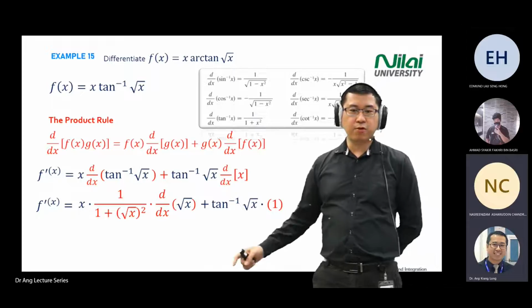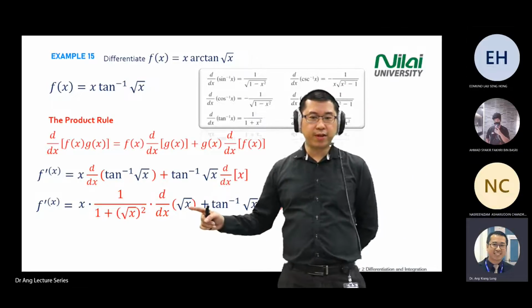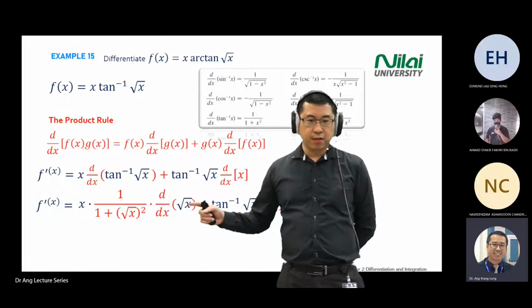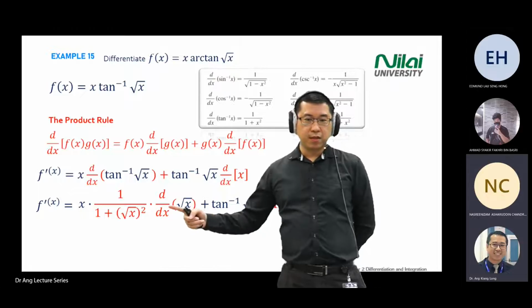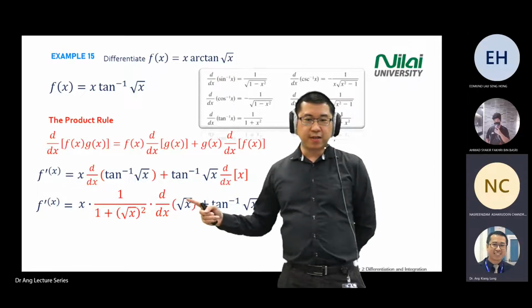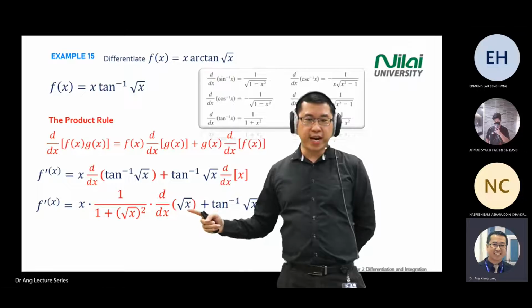That's right. So how do you differentiate square root of x? Just now you told me that the square root means x to the power of half. Square root of x equals x power 1 over 2, right?